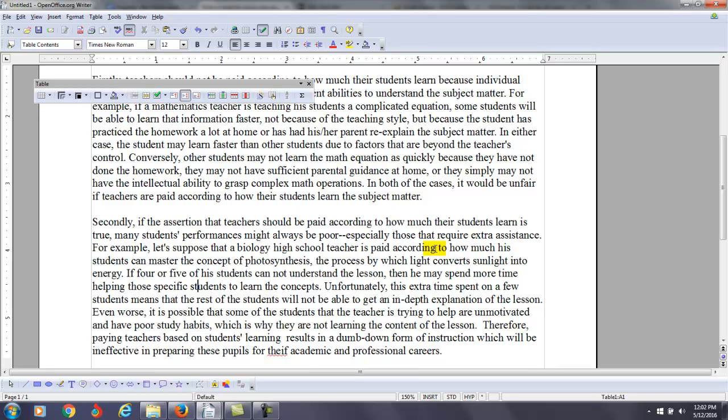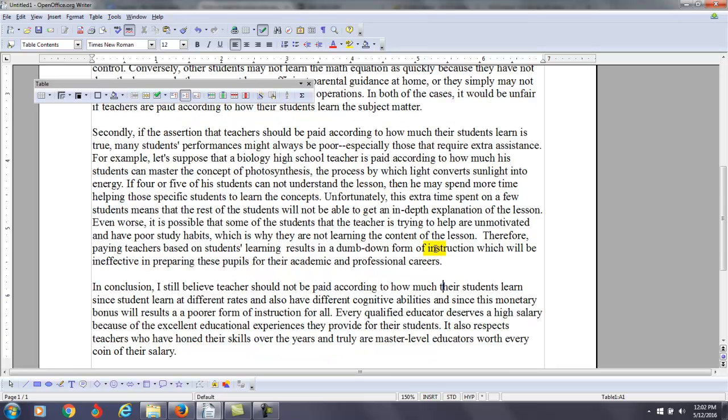Unfortunately, this extra time spent on a few students means that the rest of the students will not be able to get an in-depth explanation of the lesson. Even worse, it's possible that some of the students that the teacher's trying to help are unmotivated and have poor study habits, which is why they're not learning the content of the lesson. Therefore, paying teachers based on students' learning results in a dumbed-down form of instruction, which will be ineffective in preparing these pupils for their academic and professional careers. Okay, so let's move on.